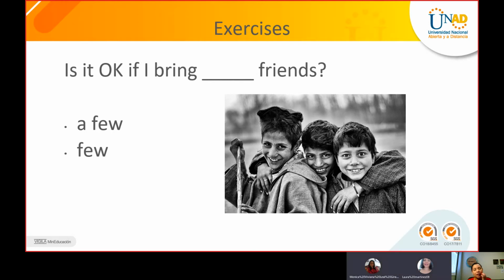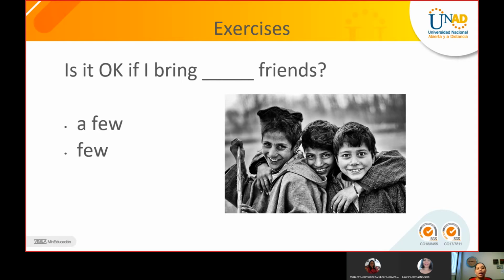Here, I know it's tricky because you could use "a few" or "few", right? But let's say that you're talking about a party, and you say, is it okay if I bring some friends? Remember, try to associate "a few" with some friends, a few friends.